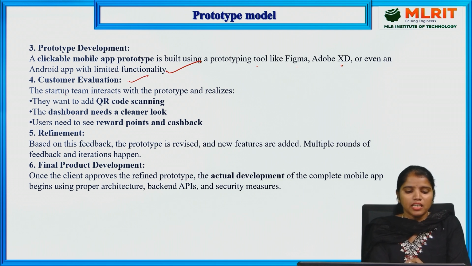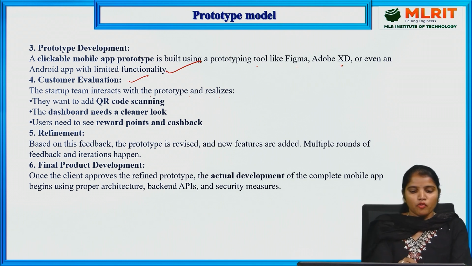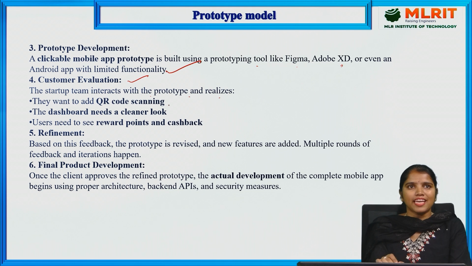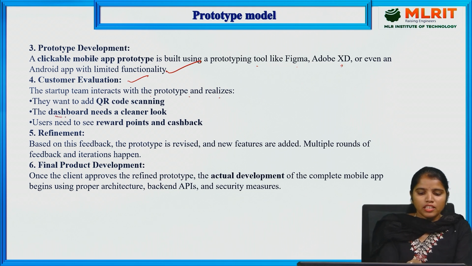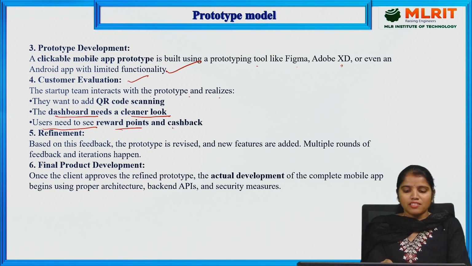The startup team interacts with the prototype and realizes they want to add a QR code scanner along with sending and receiving money, payment history and linking with the bank. The dashboard needs a cleaner look. Users need to see reward points as well as the cashback methods in that particular app.